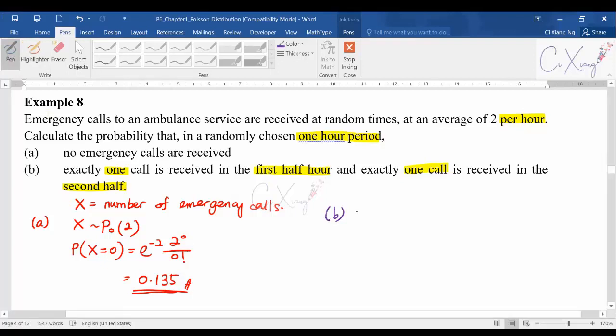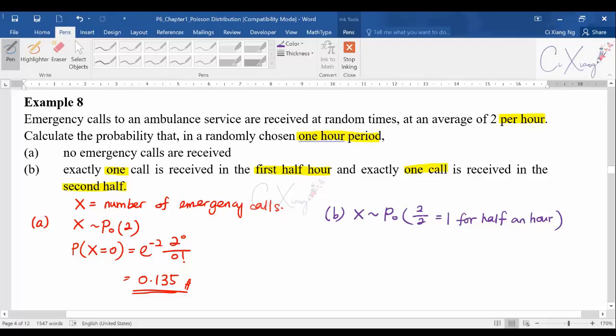Okay, so for this kind of question, again, you need to change the mean. The number of calls is 2 per hour. Therefore, it will become 2 divided by 2 equals 1 for half an hour, right? If you want to write it out like this also can, just to remind yourself that the 1 is for half an hour.